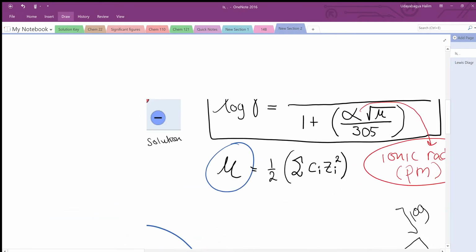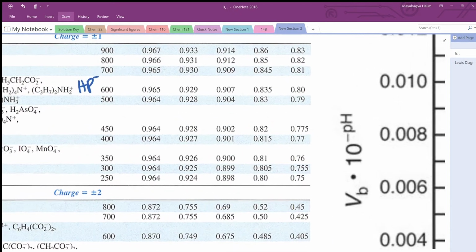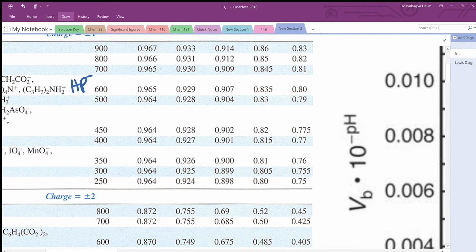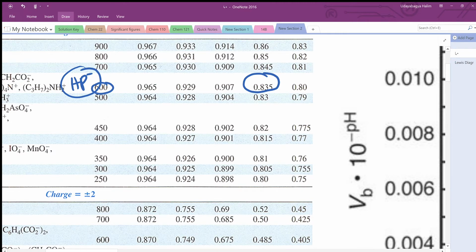So 0.0488. HP minus is at 600 picometer, and we're close to 0.05. So we're about 0.854. And then P2 minus is going to be a charge of plus minus 2, and then the number that we get 0.854.